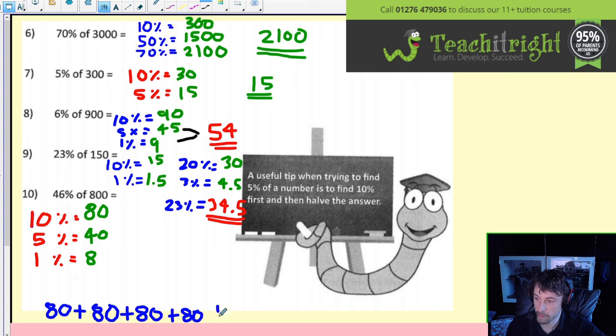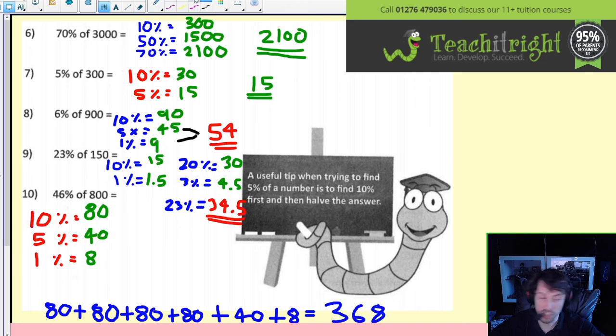Then I need a 5%, so I add my 40 on. Then I need the 1% to add my 8. So if you prefer to, you can actually add it out like this, and that's going to lead you to your answer. So we've got 8 plus 8 is 16, plus another 8, 24, plus another 8, 32, then plus 40, 72... so final answer, 368.